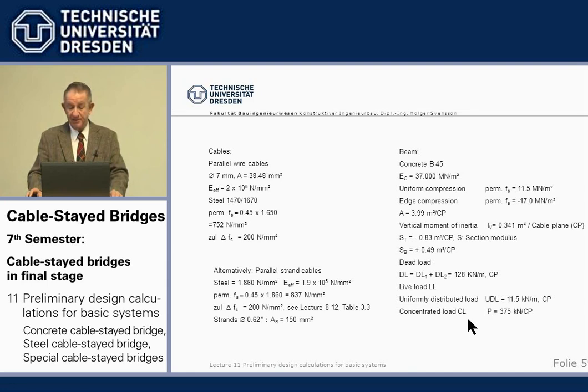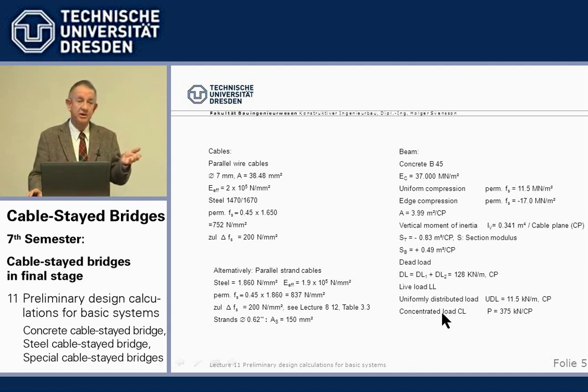Now we have two types of loadings, uniformly distributed load, which we call in English UDL, from uniformly distributed load. And we have a track load, which in English is a truck load, and we can also call that a concentrated load, which is abbreviated by CL. And there's then one other difference.